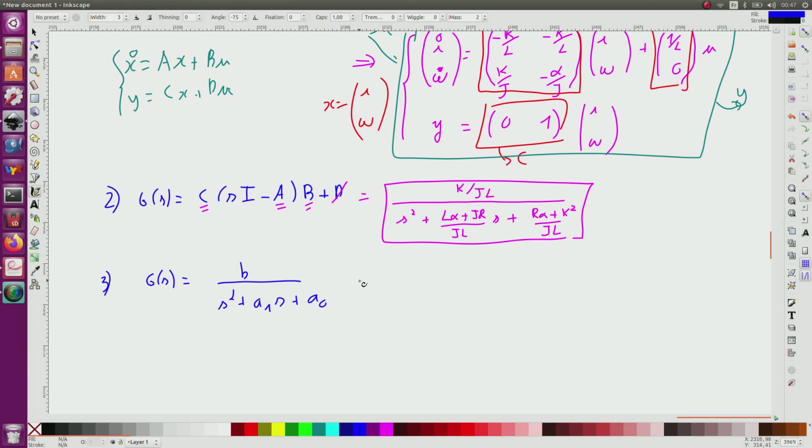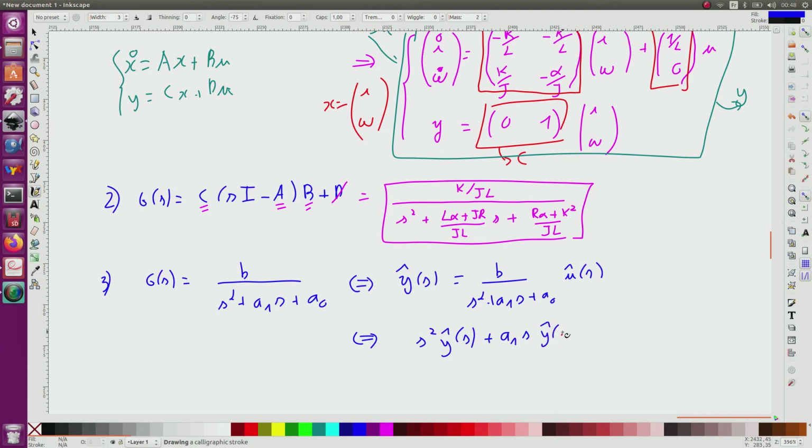It means that y hat of s, with a hat because it is in the Laplace representation, the Laplace transform, is equal to b divided by (s squared plus a1 s plus a0) times u hat of s. Or equivalently, s squared y hat of s plus a1 s y hat of s plus a0 y hat of s equal b u hat of s.